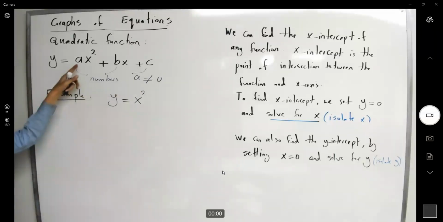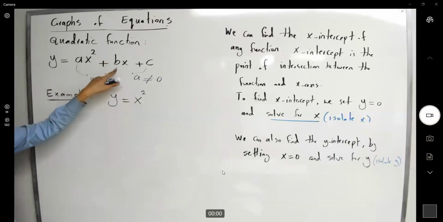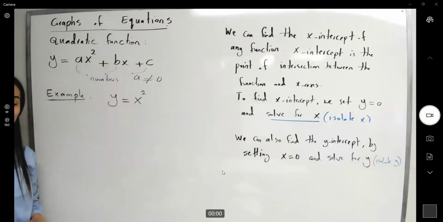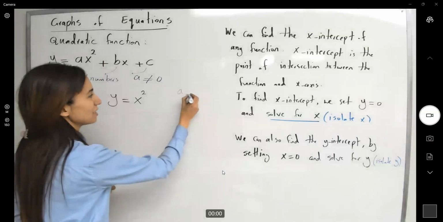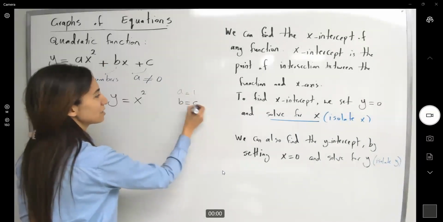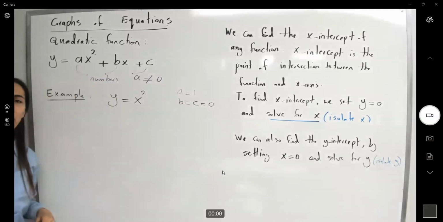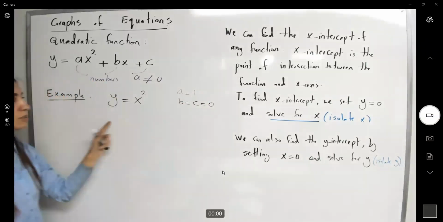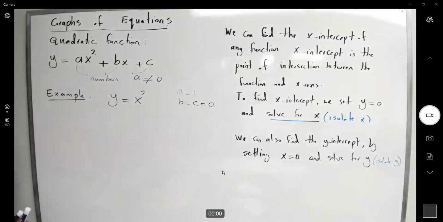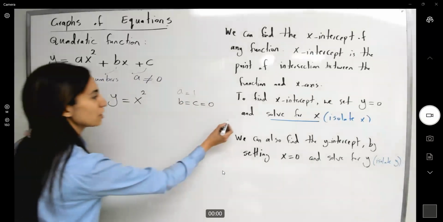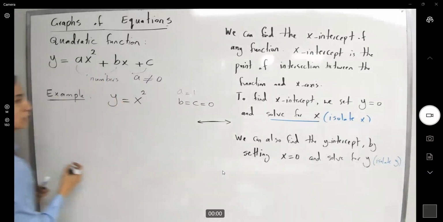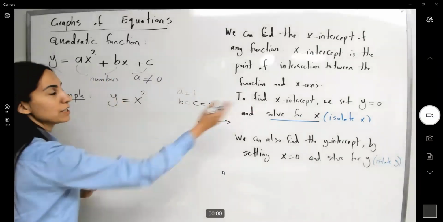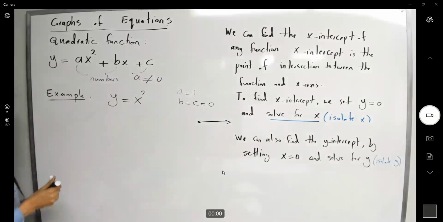Note that a, the leading coefficient, is 1, and b and c are both 0. Let us find the x-intercept of this function. To find the x-intercept, set y equal to 0.